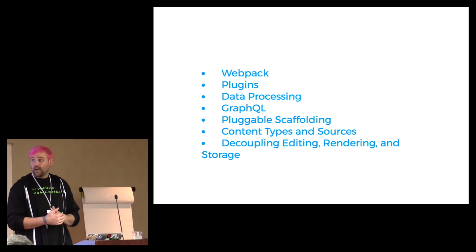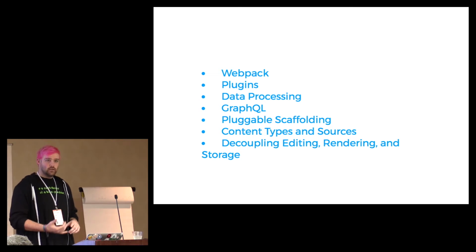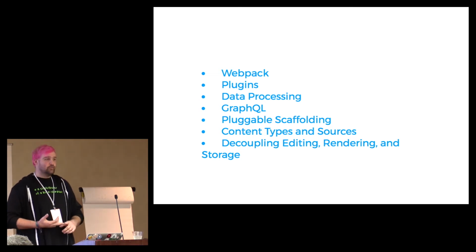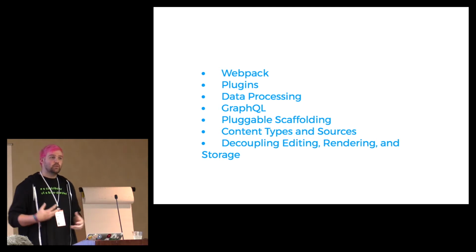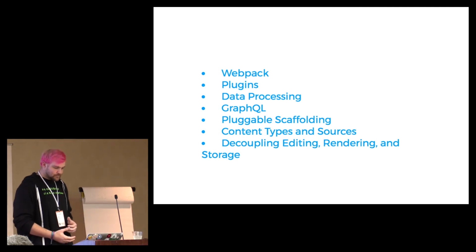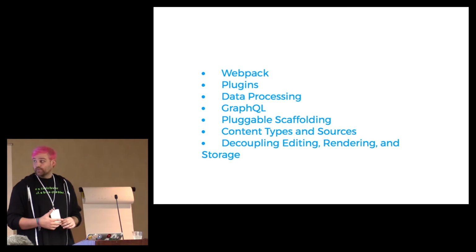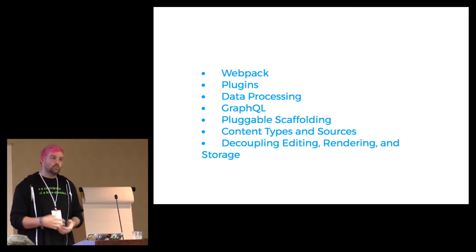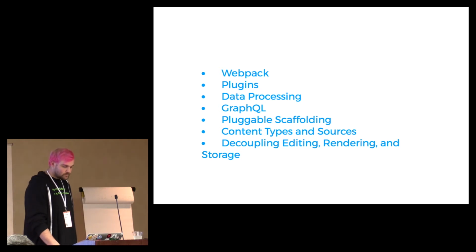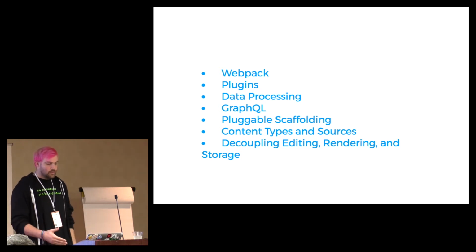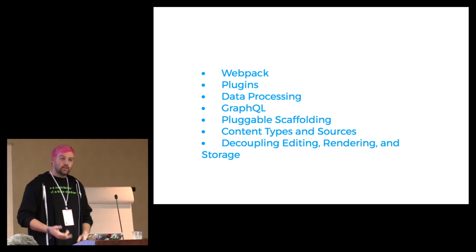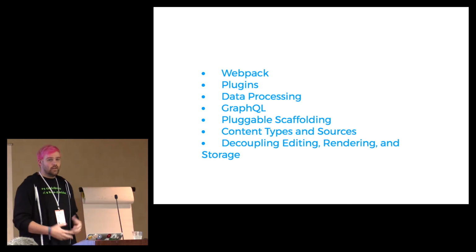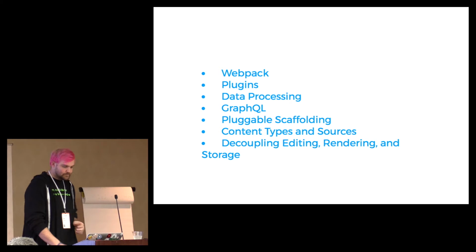Pluggable scaffolding, which is how you get Apollo or React or Inferno to be the framework that you use for rendering these static sites. Content types and sources. So there are the content types, which are effectively little bits of GraphQL schema that are composed together, and then sources, which can come from, say, files, APIs, etc. And finally, we'll talk a little bit about how decoupling the editing, the rendering, and the storage of this system enables some really cool integrations.